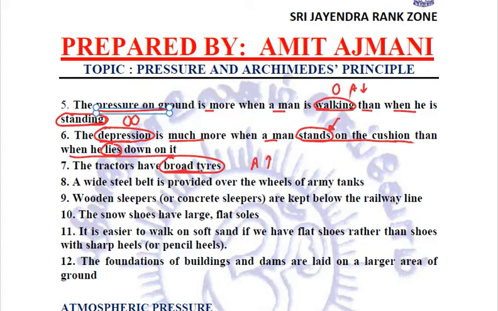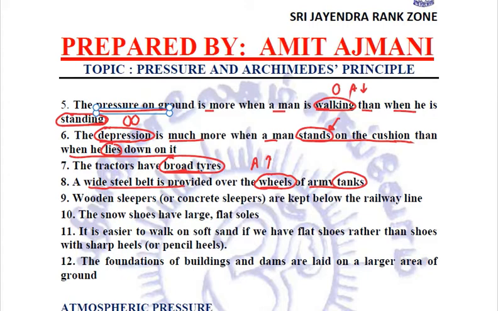We have seen a wide steel belt is provided over the wheels of army tanks. Now these tanks are very heavy. So if these tanks are moving on wheels, they are going to exert so much pressure, because in case of wheels, the area of contact will be less.